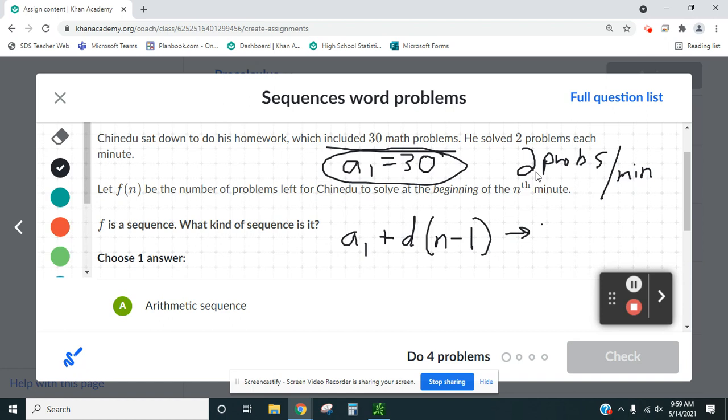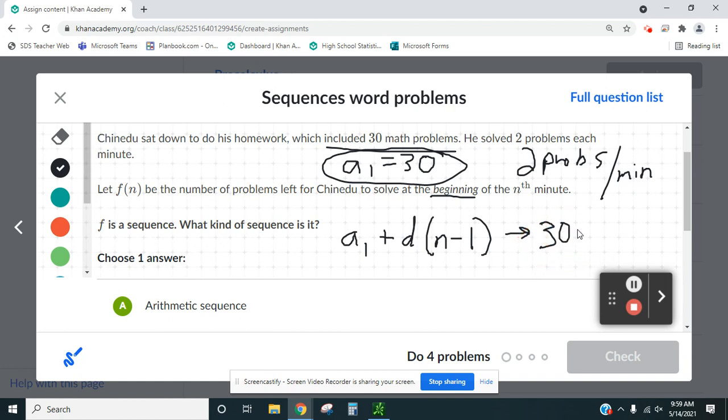How many after working for a minute? 28. Now, this is where I think it is. It says at the beginning of the minute. So when you are starting at the beginning of the minute, have you done the work? No, you haven't. See what I'm saying here? All right, so this gets really tricky. So we're going to say A1 is 30.